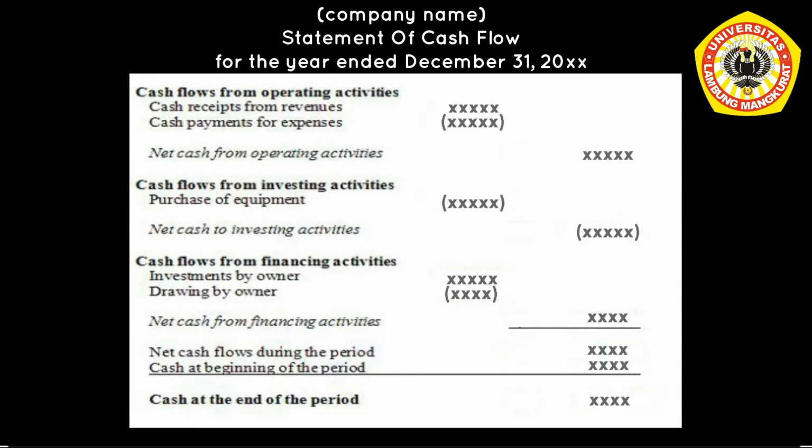Lastly, cash flow from financing activities, where we have investment by owner minus drawing by owner to give net cash from financing activities. These three classifications will produce the actual cash amount: net cash from operating activities minus net cash from investing activities plus net cash from financing activities.